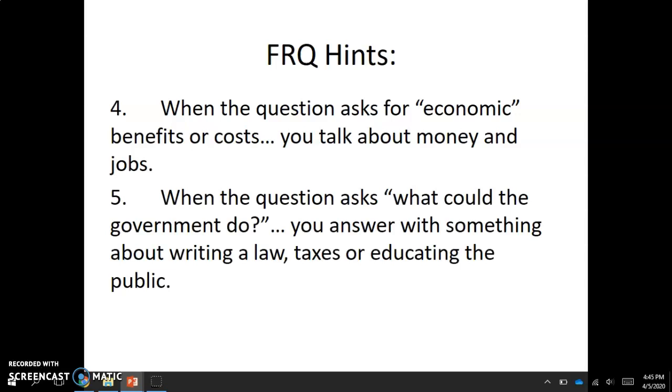If the question asks what could the government do, you answer with something about writing a law, taxes, or educating the public. So again, you're going to have an FRQ where you have to propose a solution. One of those solutions might be politically driven. Okay, so what could the government do? What could be done? Hey, you could write a law that prohibits this, or prevents this, or limits this, or taxes this behavior.